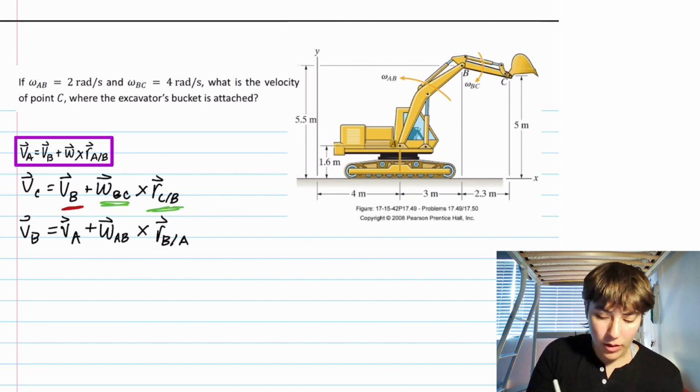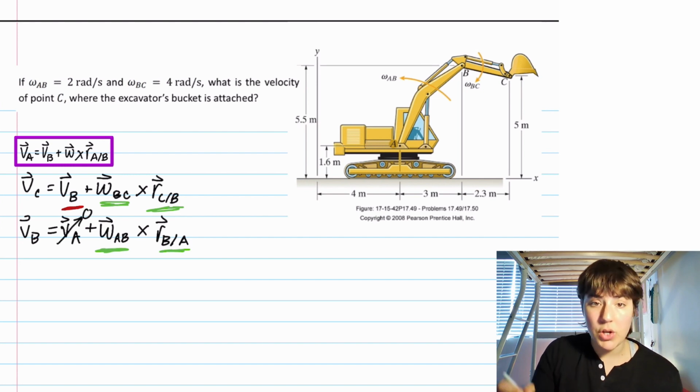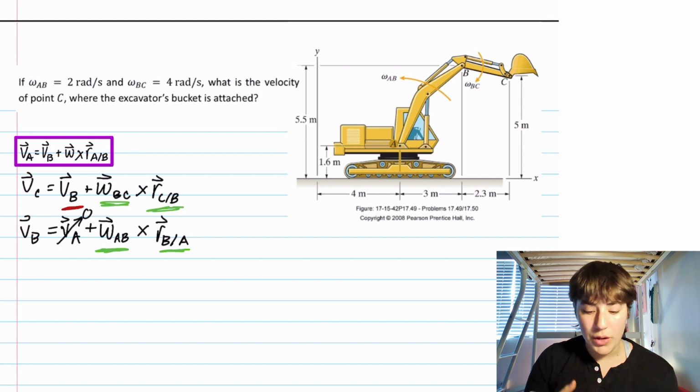Now we know this from geometry. They gave us this, and we found that this is stationary, so that's 0. So now we know everything we need in order to find the only unknown holding us back from finding the velocity of C, which is VB.